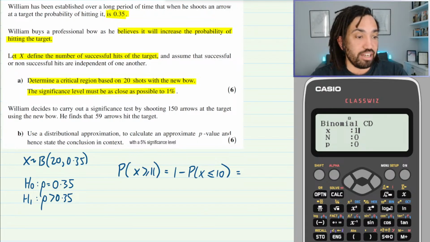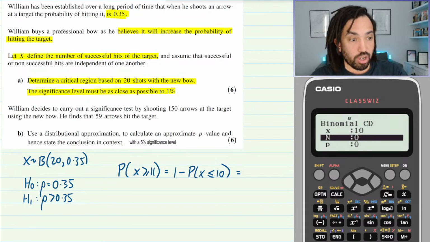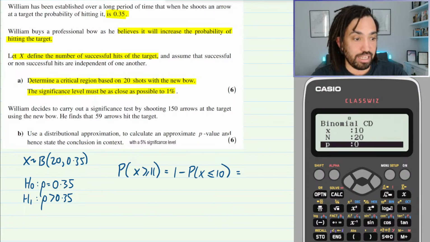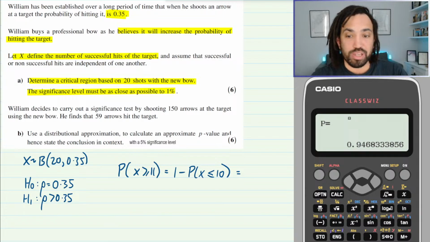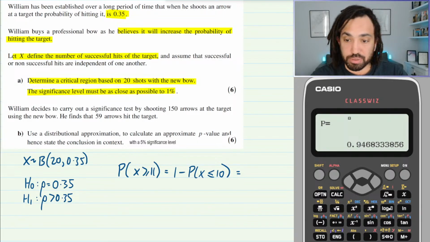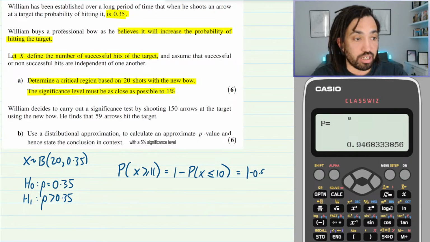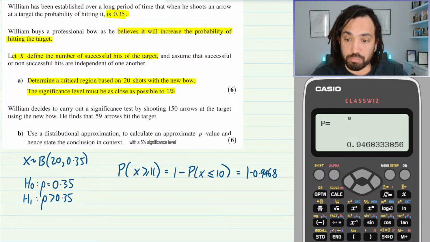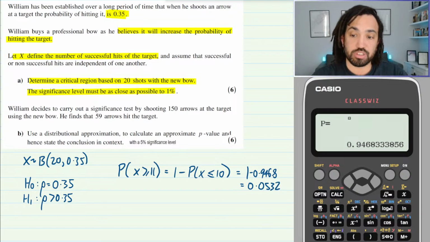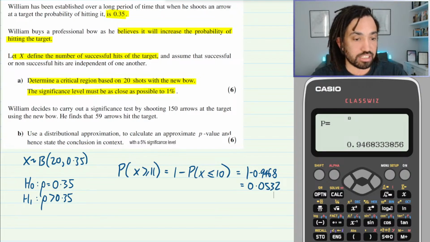So we'll go for 10, with n equal to 20 and p equal to 0.35. And we get, well, that's not enough, is it? Because if I do 1 minus 0.948 and so on, that's just going to give me 0.0532. So about 5%. So that's no good.